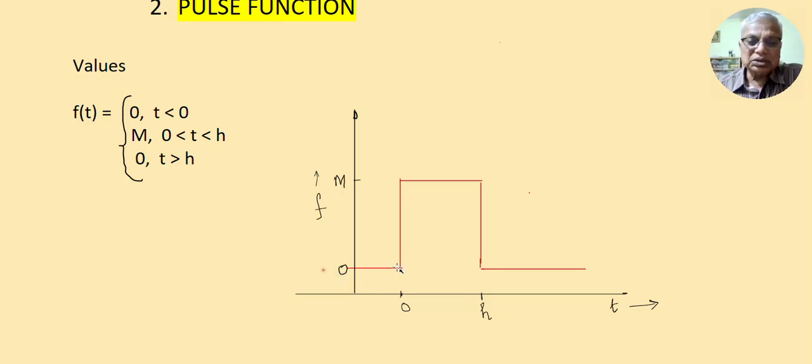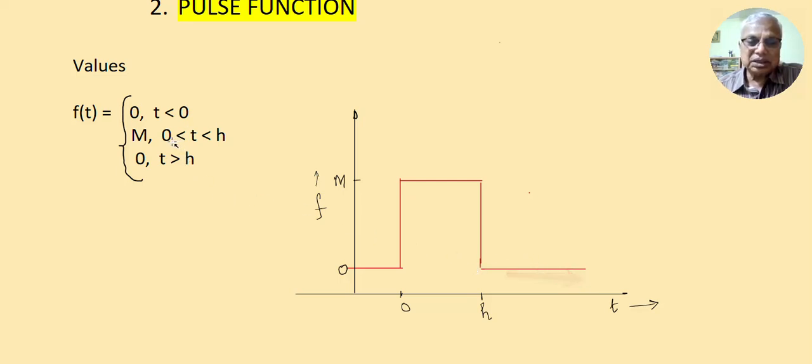And at t equal to 0, the function rises to, or changes to, another constant value m and remains there up to a certain time h. At this time h, it very suddenly, or instantaneously, returns to the original value, which is 0.